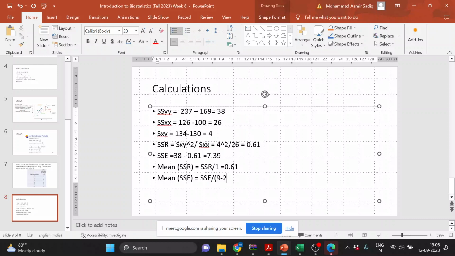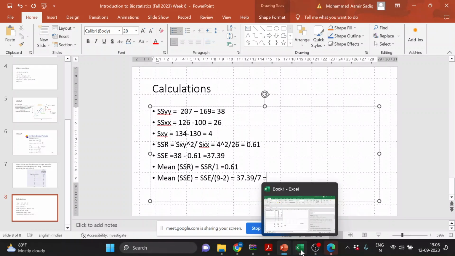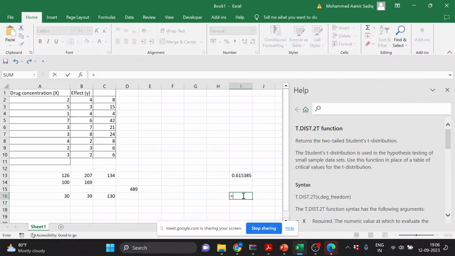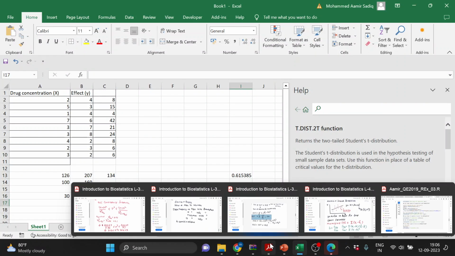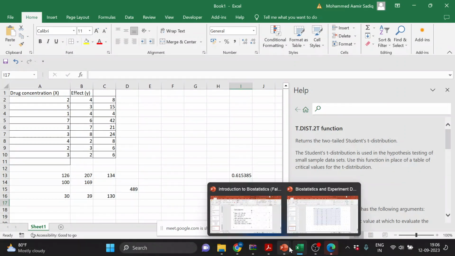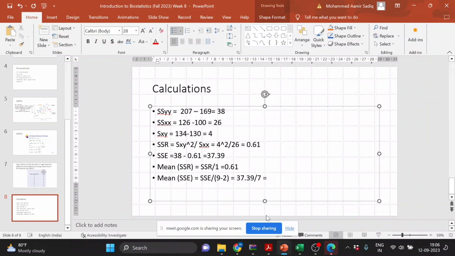SSE is 37.39. So 37.39 divided by 7 is equal to 5.34.